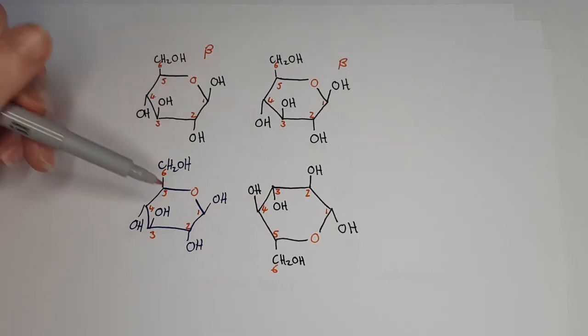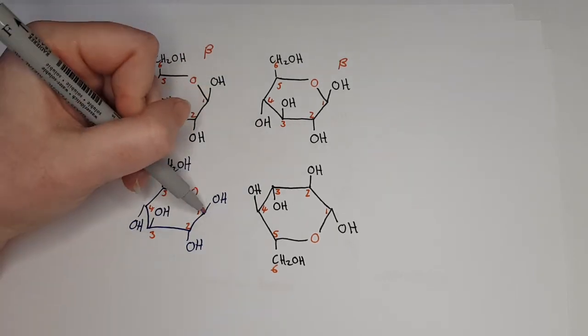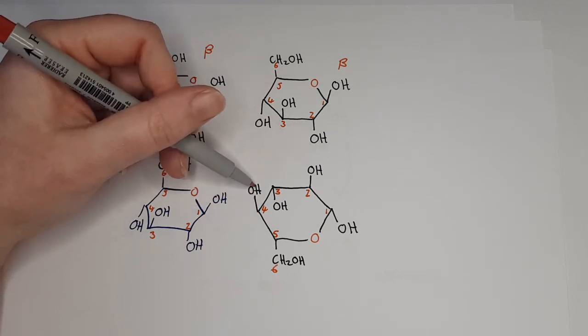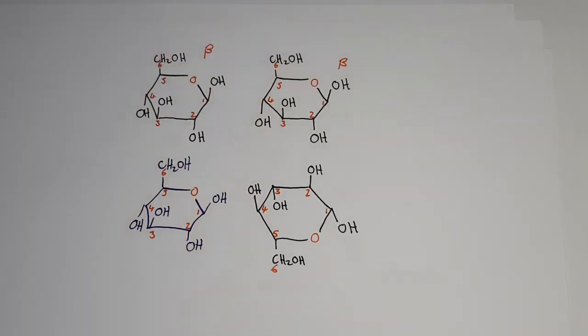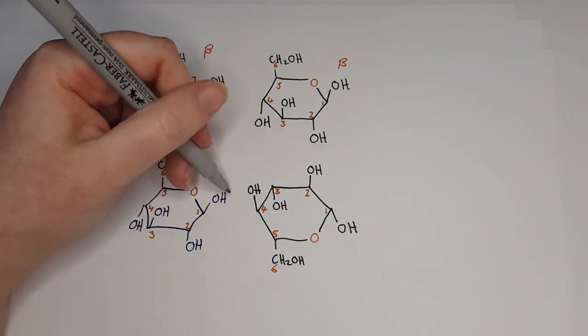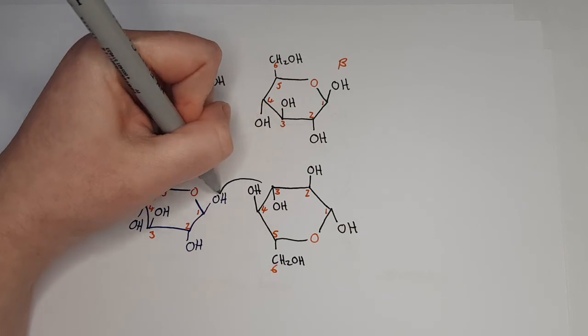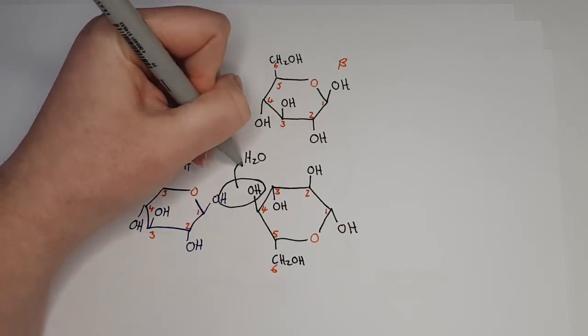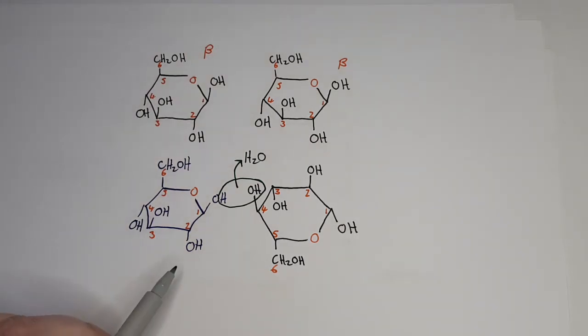So now this is the same molecule that I redrew. Now I can see that the OH that was facing up now lines up with that other OH. So now those two molecules are in the same direction, in the same place. So that can come off as water and they can join together.